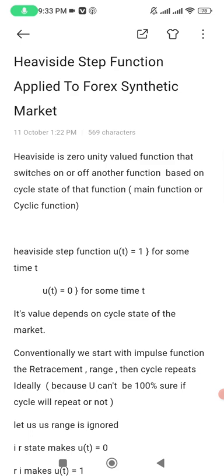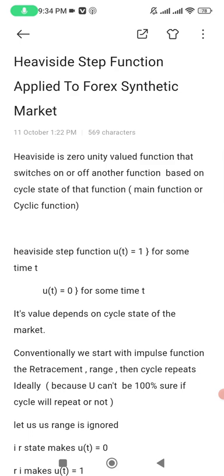By the way, the Heaviside is a zero-unity valued function. That means a Heaviside step function can take the value of 0 or 1. It's like binary stuff. So the Heaviside step function is a zero-unity valued function that switches on or off another function based on the cycle state of that function. That function there means the main function or cyclic function.